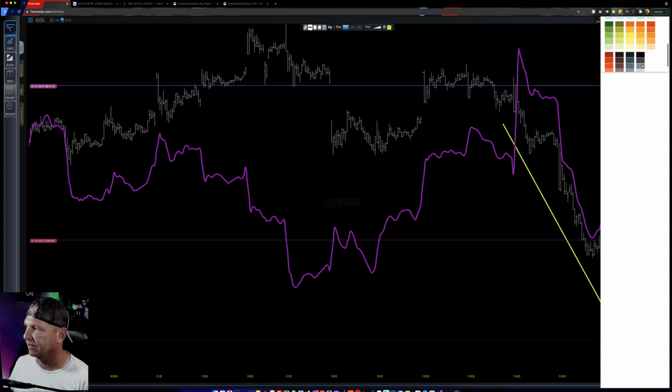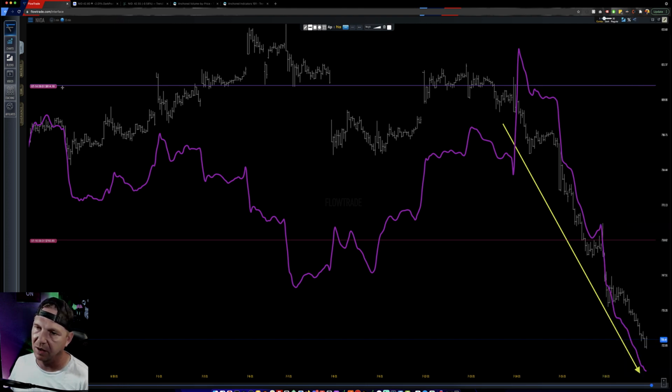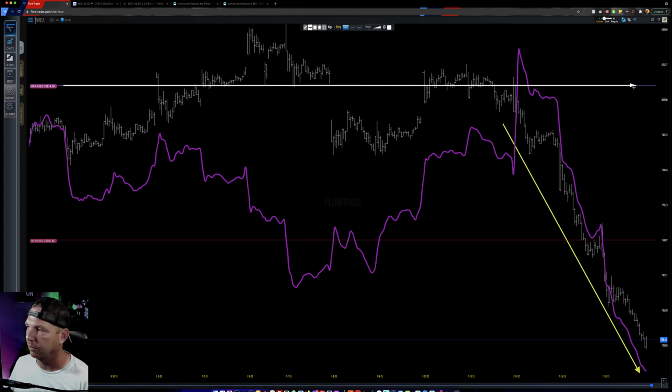This is one of those instances where I'm going to use my white horizontal line because we do have a regular and a dark pool trade that came in at 814.18, right? And then we've got a regular block trade that came in at 760.85 that provided a little bit of support until it didn't. So NVIDIA, the algo is selling off.